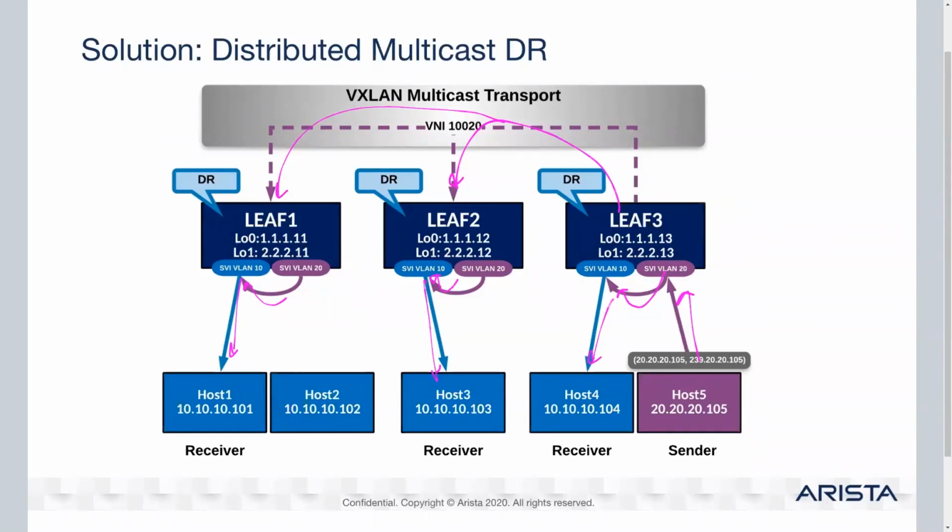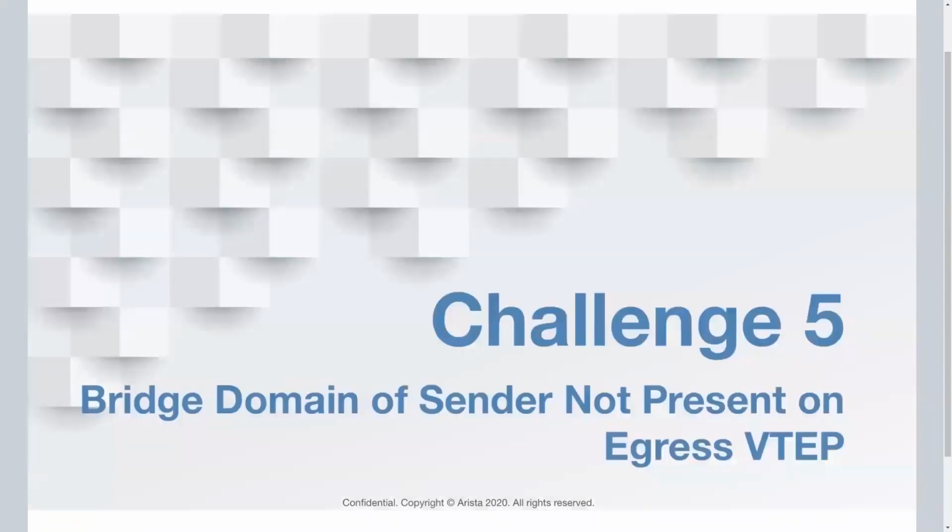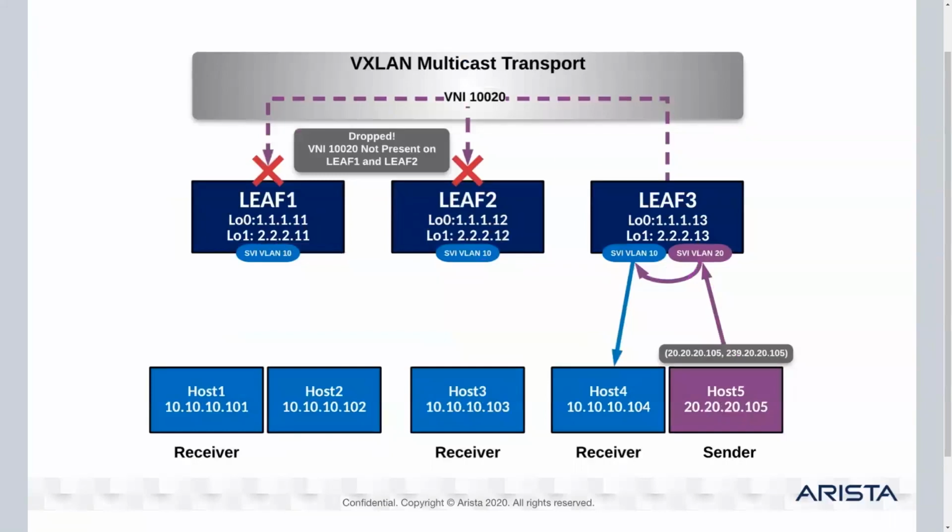But then the question becomes, this is great, the bridge domain exists, so the VNI 10,020 is mapped to VLAN 20 on every leaf in this scenario. But the question then becomes, what if the bridge domain of the sender is not present on the egress VTEP? So for example, what happens now if leaf 1 and leaf 2 do not have VNI 10,020 locally defined and mapped to a bridge domain?